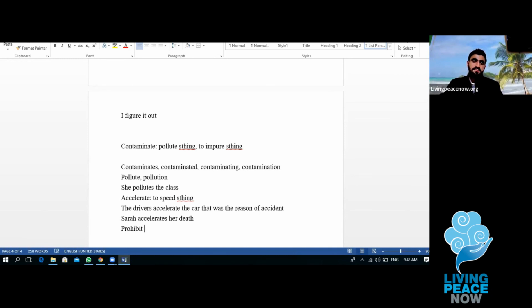The last confusing word is prohibit. Prohibit means to forbid something. For example, the cigar is prohibited. I'm sorry. We can use it in many places, prohibition even now. Prohibits is the present form, prohibited the past form.